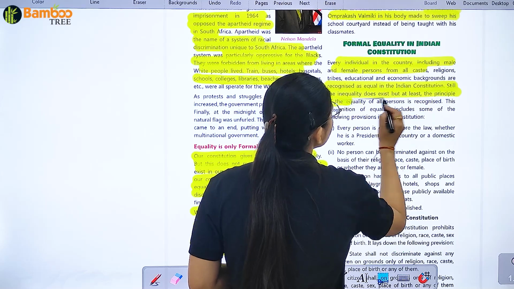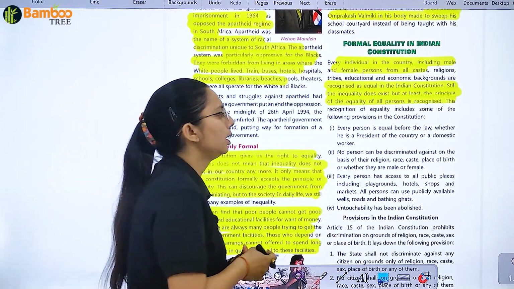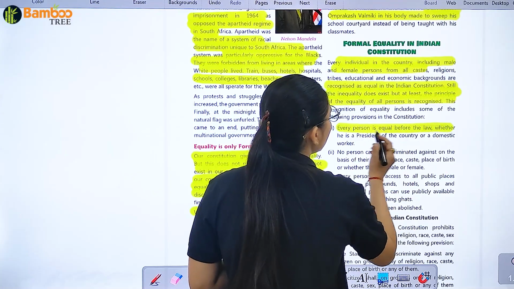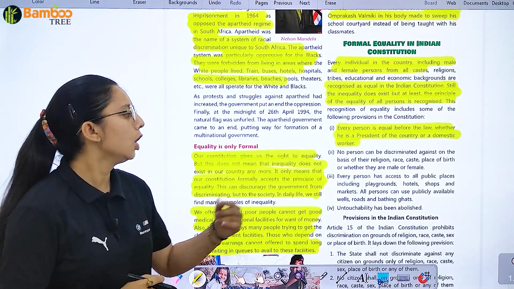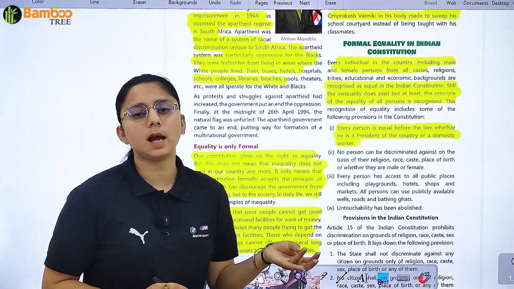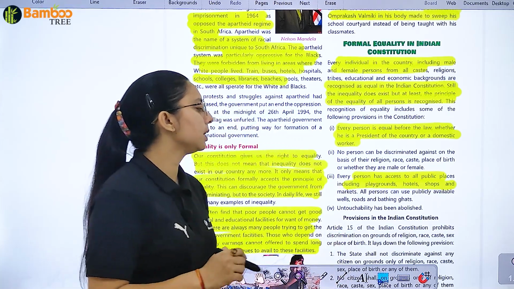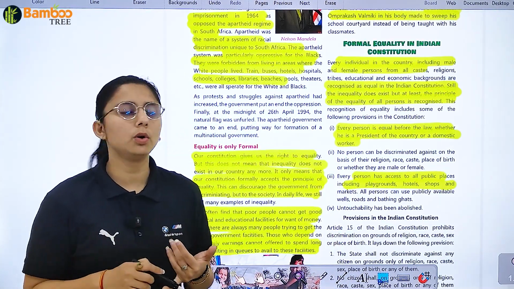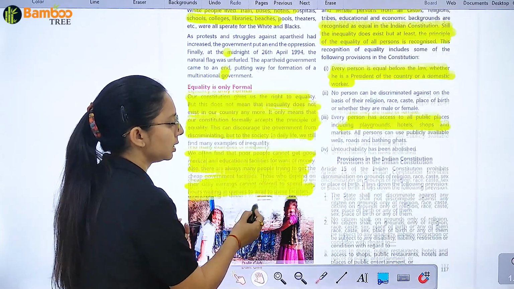Still, inequality does exist, but at least the principle of equality of all persons is recognized. So every person is equal before the law, whether he is the president of the country or a domestic worker, right? No person can be discriminated against on the basis of religion, caste, and place of birth. Every person has access to all public places, whether playgrounds, hotels, shops or markets. Untouchability has been abolished.